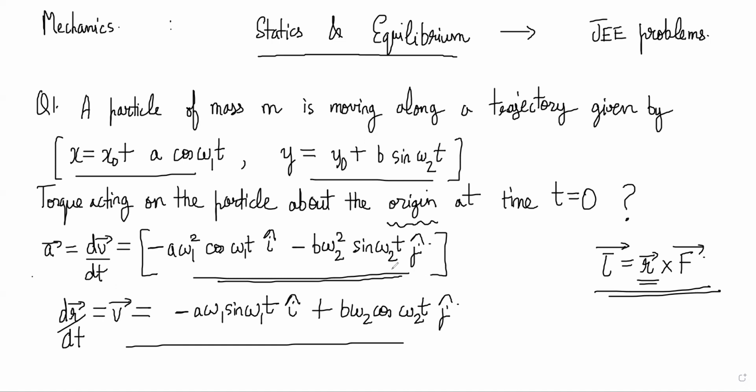And if you have the acceleration vector, what is the net force? The sum of all the forces on the particle must be equal to mass times the acceleration vector, right? So if you multiply this by mass, you'll get the net force acting on the particle at any given moment, right? So let's do it on the next screen.